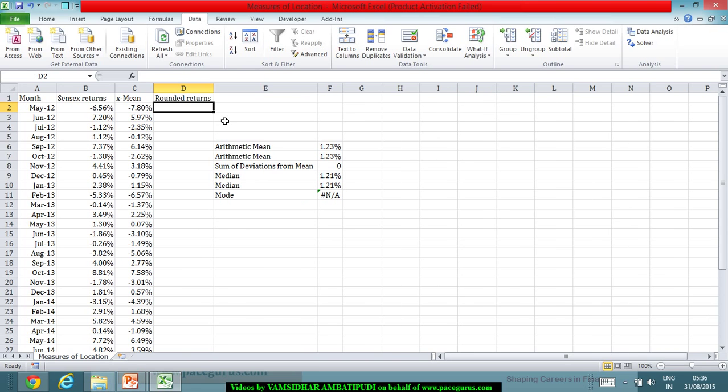So when I'm saying rounded returns, I'm rounding the return, let's say to the 0th decimal. Oh, I can't round it here. Everything works out to be 0 itself. So I should round it to -2.